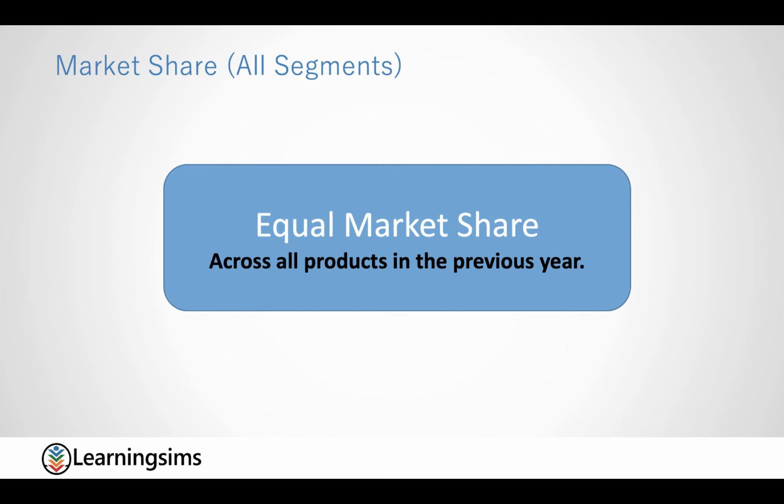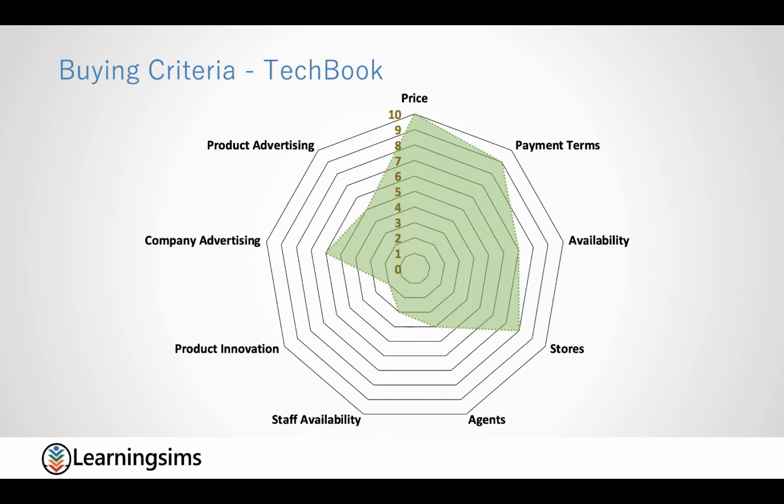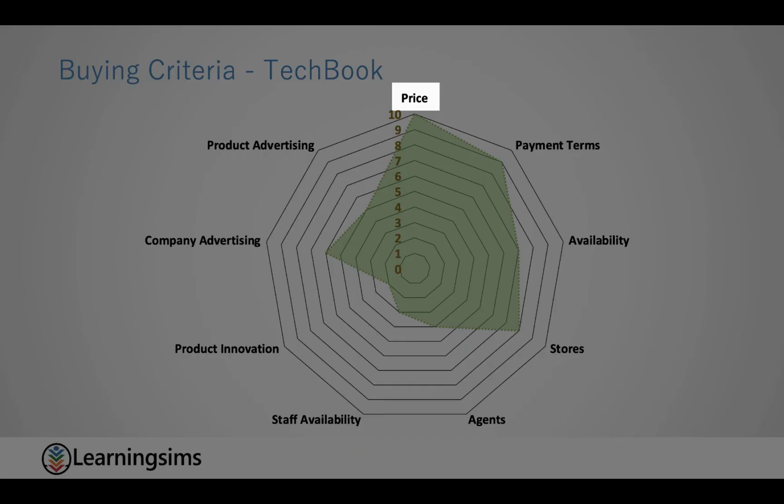Now, how will you make decisions in the simulation? Well, we've done some market research on your behalf. We've gone to the different customer segments and we've asked them what is important to them. If you look, for example, at the customer segment for the textbook market, we've gone to them and we've asked, Mr. Textbook, what is important when you purchase a textbook? And they've said price, payment terms, the availability of the product, the stores, which are stores that sell only your products.